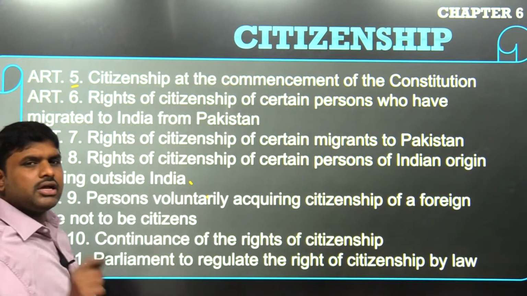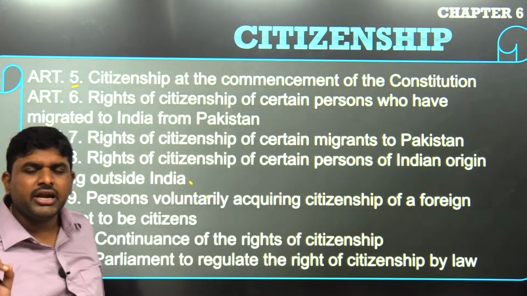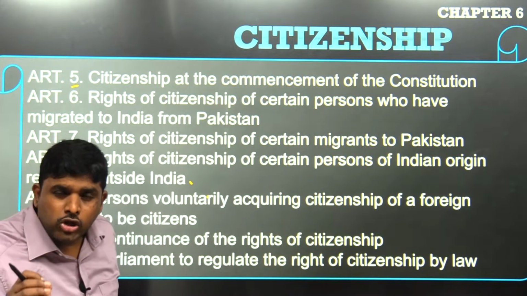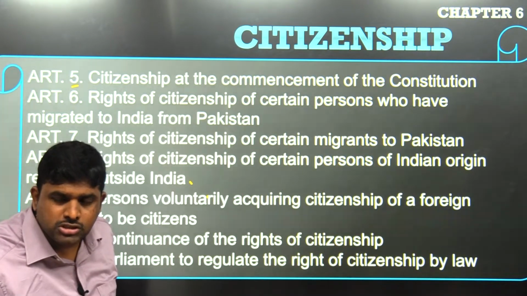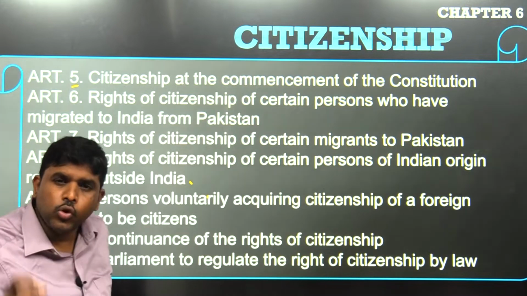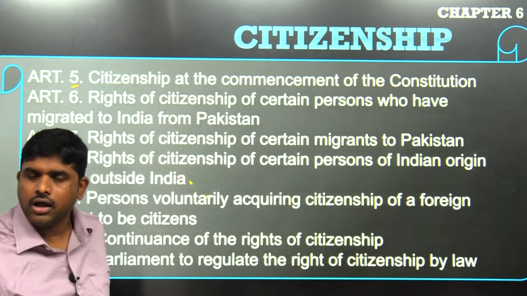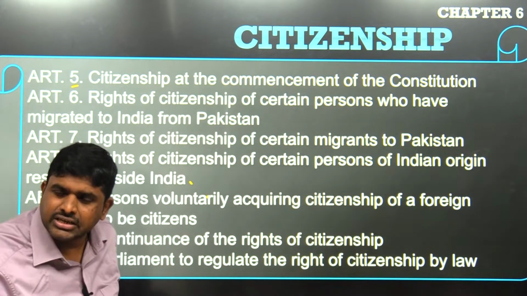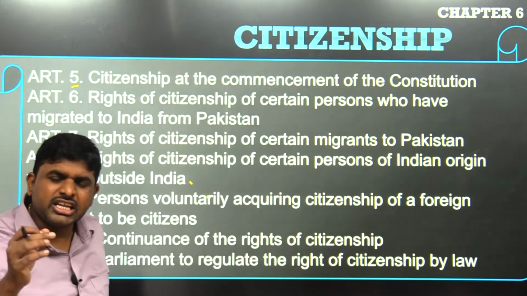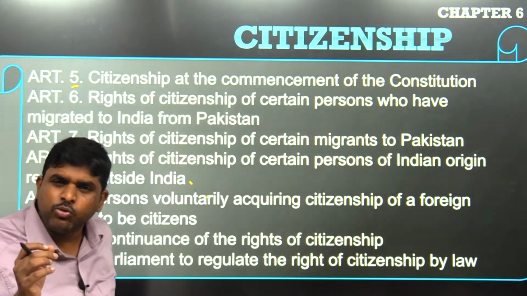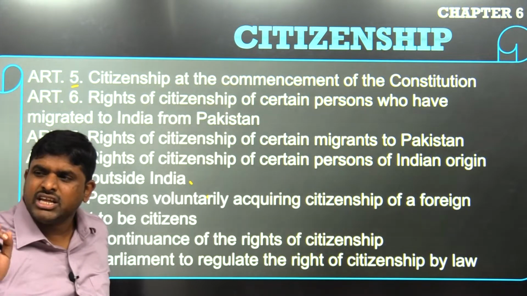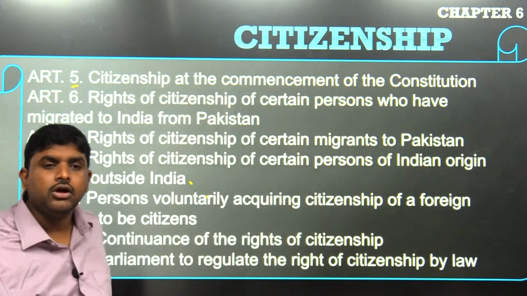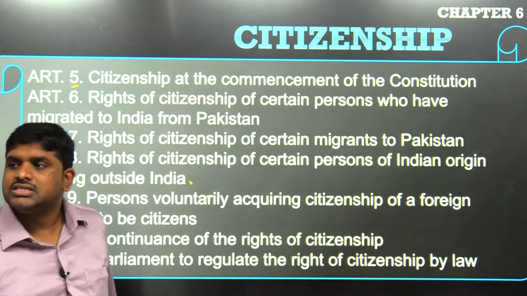Article 5, heading, Citizenship at the commencement of the Constitution, means when the Constitution came into force, on that day, whoever is present in India, irrespective of birth, descent, force, voluntary or acquired territory, whoever is present from January 26th, 1950 onwards, they are all by default citizens of India.